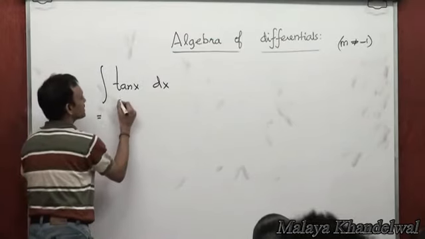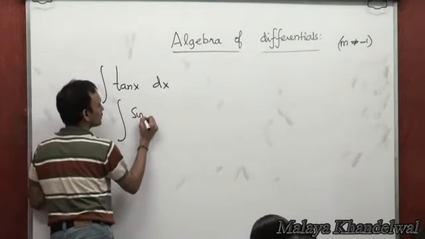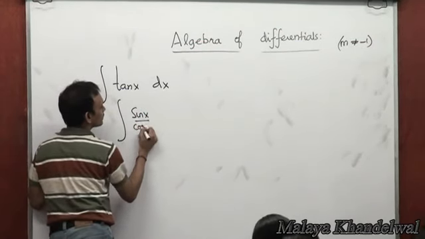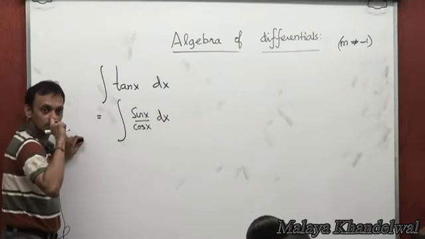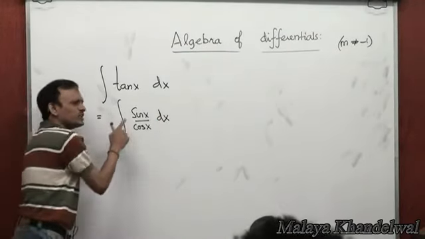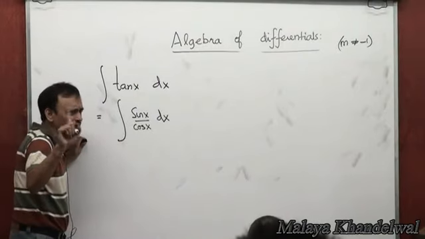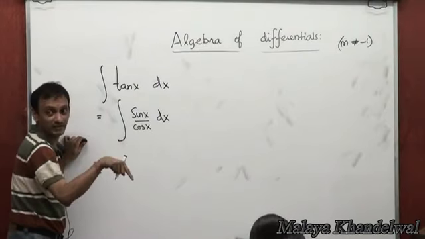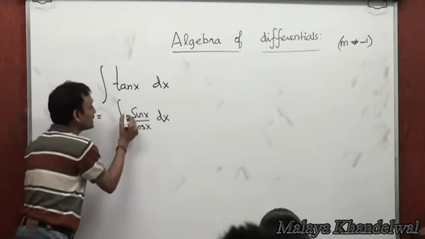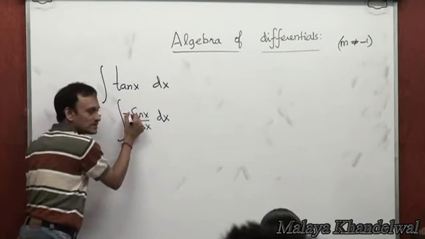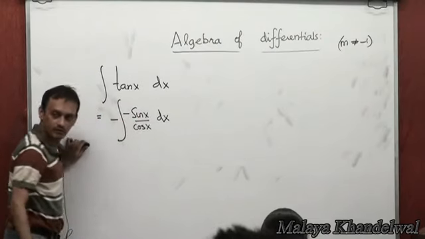Because this could be written as integral sin x by cos x dx. Is the numerator the derivative of the denominator? Not yet. But I can make it the derivative of the denominator. The derivative of cos x is in fact minus sin x. So why not push a minus here and make an adjustment there?